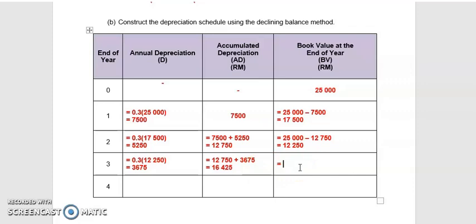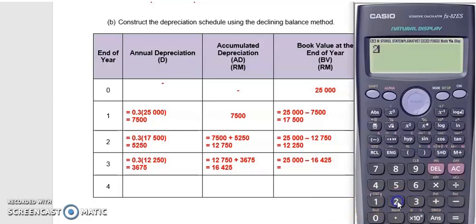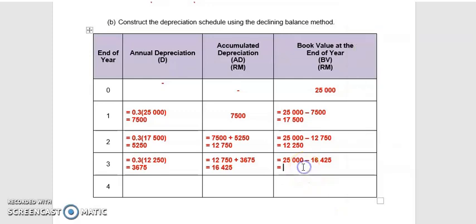So book value equals 25,000 minus accumulated, which is 8,575.